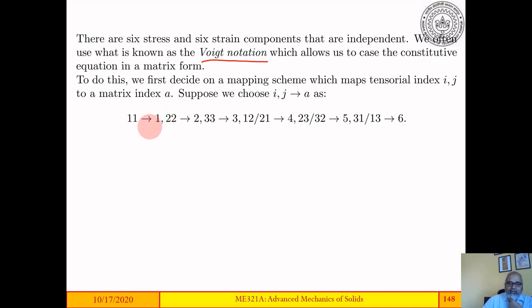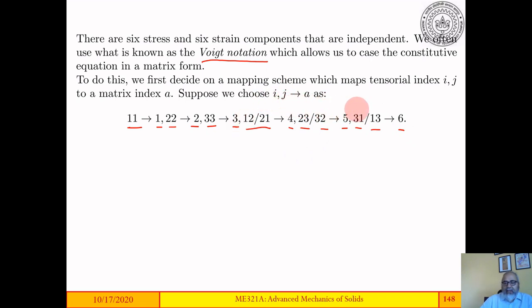For example, I have decided that all 1 1 cases will be mapped to 1, 2 2 will be mapped to 2, 3 3 will be mapped to 3, 1 2 and 2 1 cases will be mapped to 4. Remember, 1 2 and 2 1 are, because of the minor symmetries, always the same. 2 3 and 3 2 will be mapped to 5, and 3 1 and 1 3 are mapped to 6. Many books follow a different order.